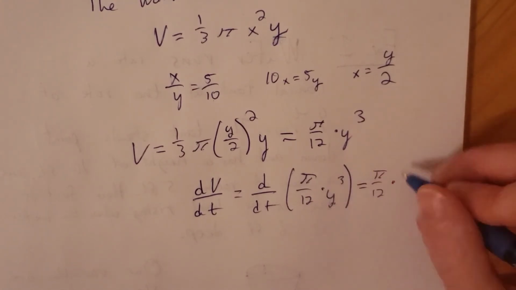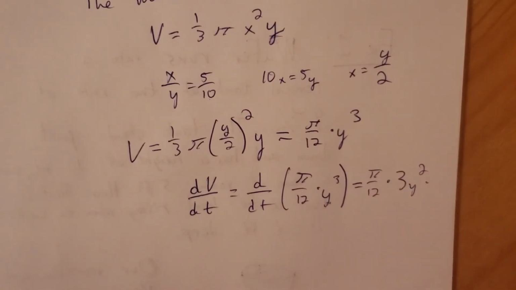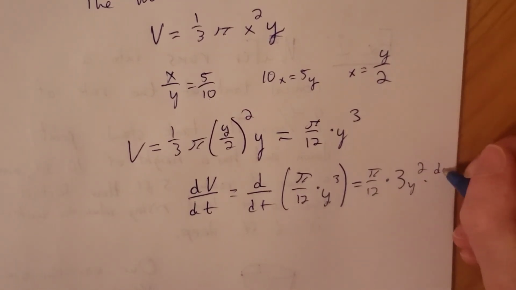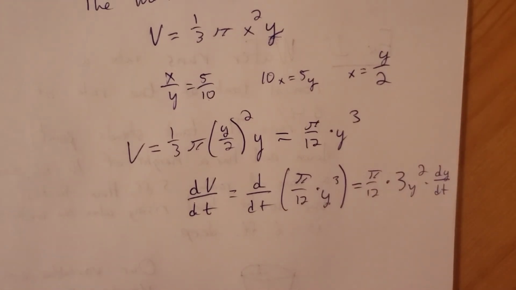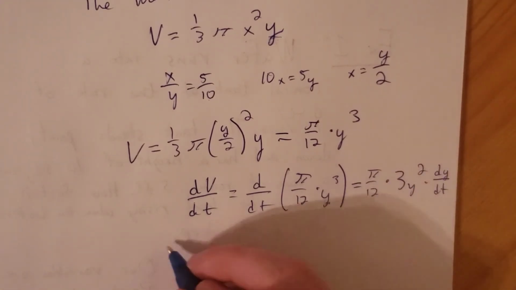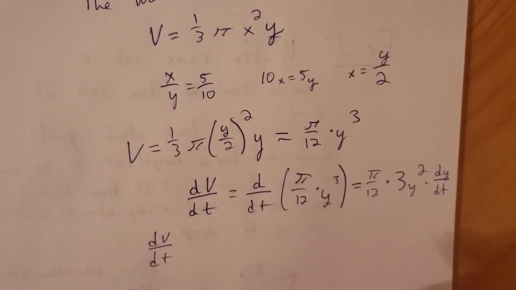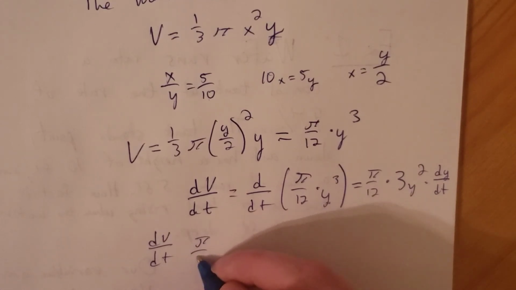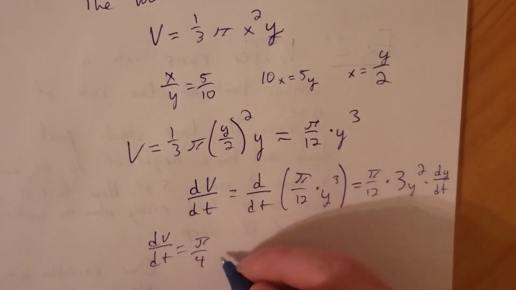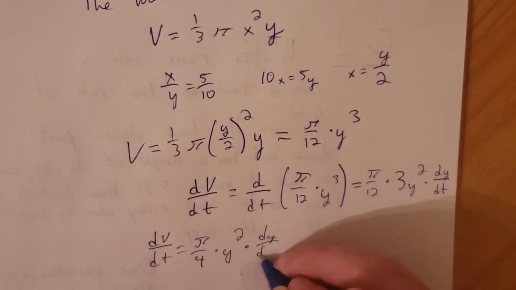So the derivative of the outer function is 3y squared, and then times the derivative of the inner function. The derivative of the inner function is just the derivative of y with respect to t, so that is dy dt. So when we reduce that right-hand side, we get dv dt is equal to pi over 4 times y squared times dy dt.